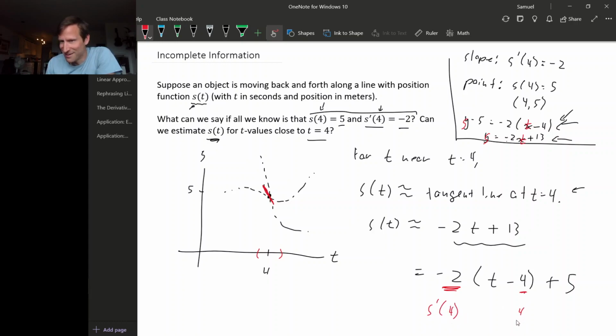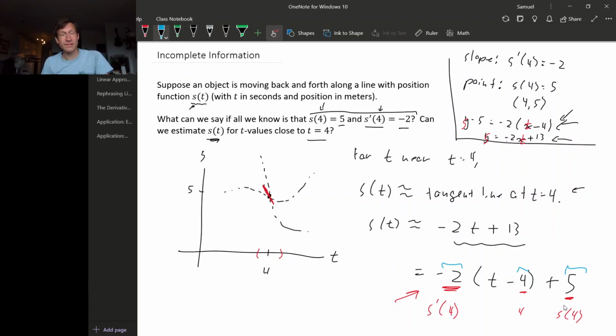Here's our 4. And this 5 here is s of 4. And you can see that the way that we came up with the formula for this tangent line, it didn't actually depend on what any of these numbers were. The only thing that mattered is the role that they all play in the general setup here.